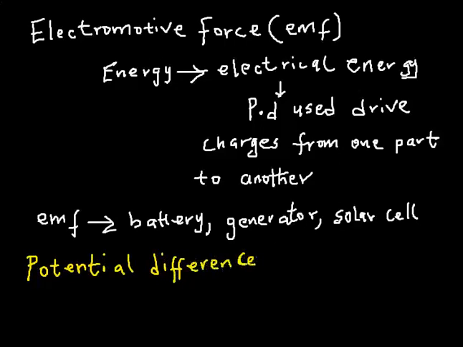The symbol for potential difference is V, so it is commonly known as voltage. The potential difference is the work done in moving a charge from one part of a conductor to another. Work done on a unit charge, work per unit charge.